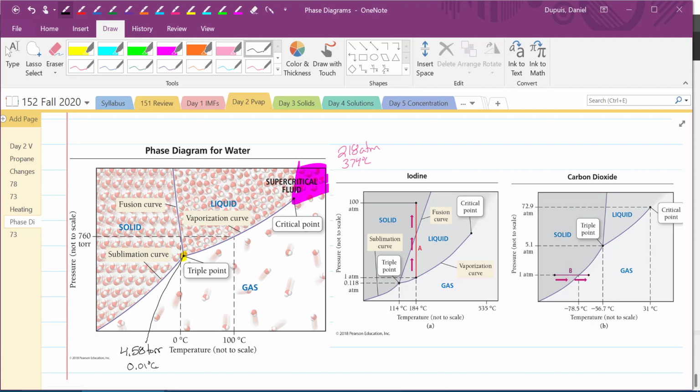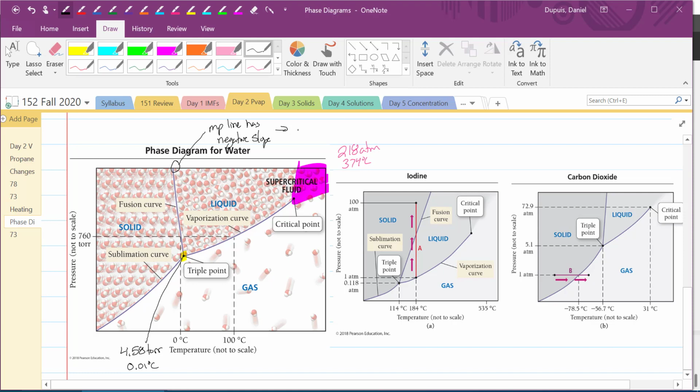And if you notice, carbon dioxide has a positive slope of this line. Iodine has a much bigger positive slope. Water has a negative slope. So the melting point line has a negative slope. It's unusual.